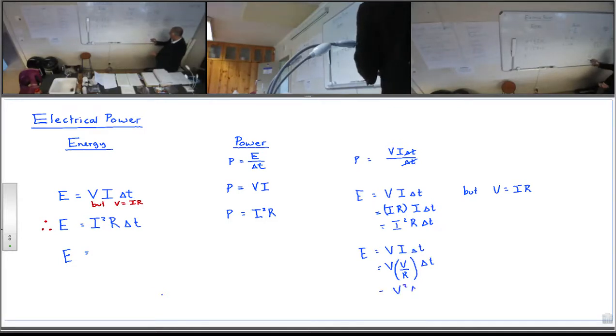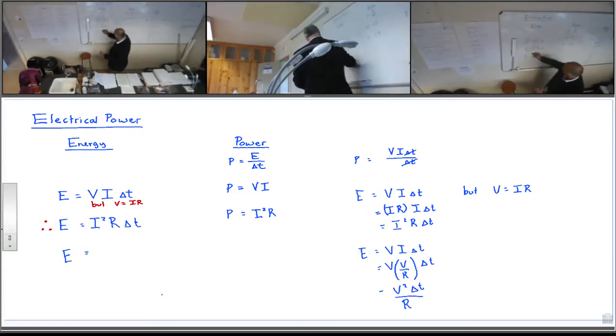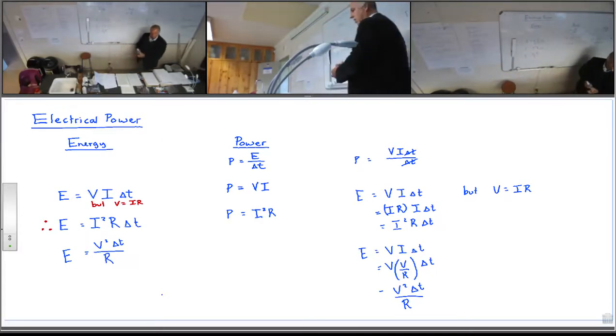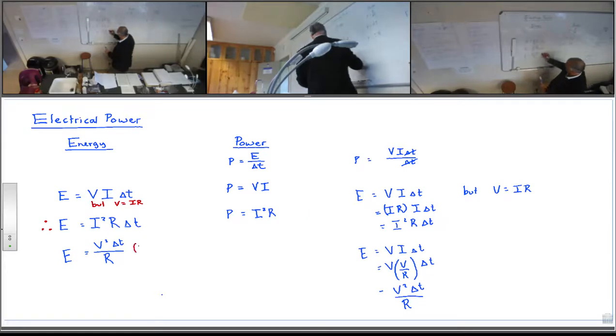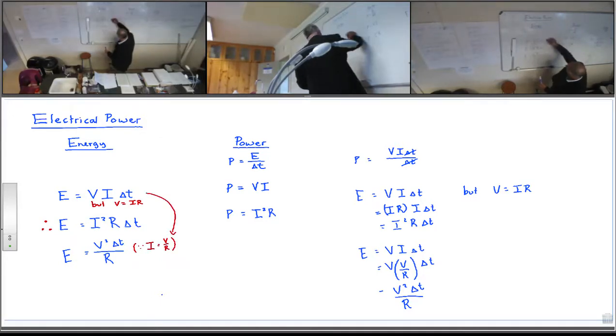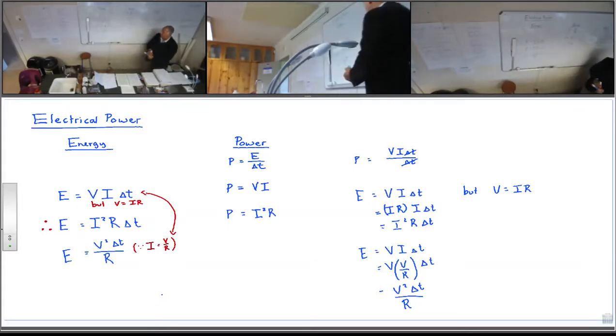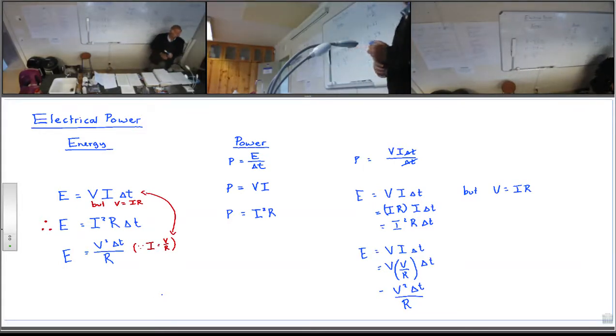V squared delta T over R. V squared delta T over R. All agree with that?